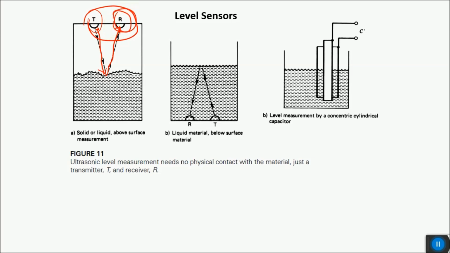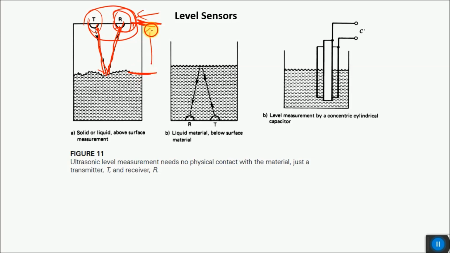We can then process that received signal, and translate its magnitude or the time taken by the signal to travel to the surface and back into the distance between the top of the container and the position of the liquid level inside that container.